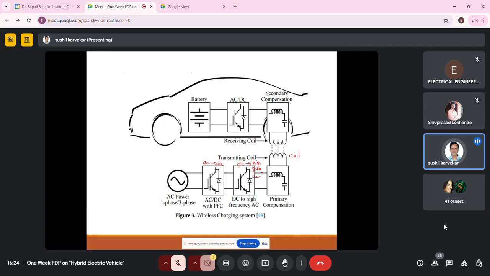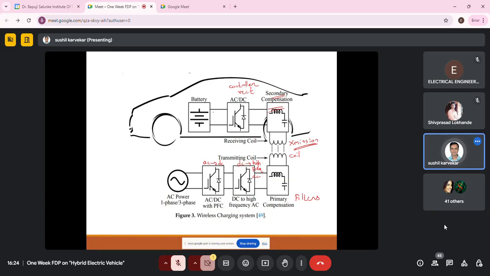The primary compensations are nothing but the filters which are used, and then we transmit the energy. At the receiver side we have secondary compensation, and from the secondary compensation we have a controlled rectifier, which will be charging the battery.